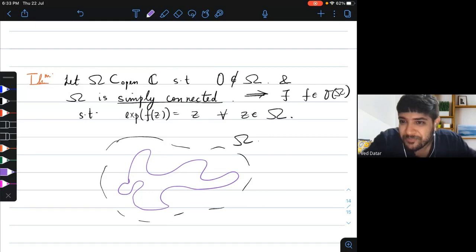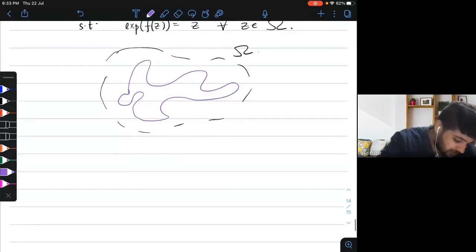You can always shrink it down to a point continuously without introducing a tear, as long as you stick to your domain omega. Such domains are called simply connected domains. So for instance, this is simply connected.